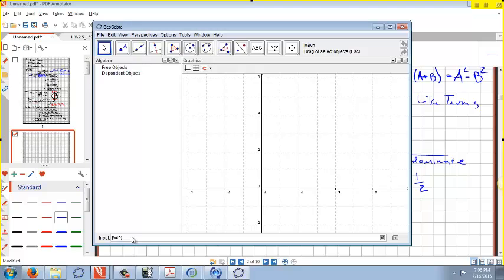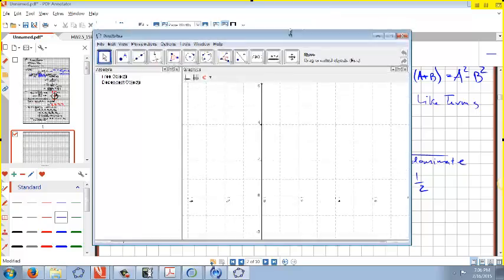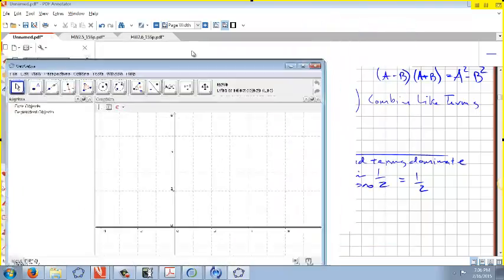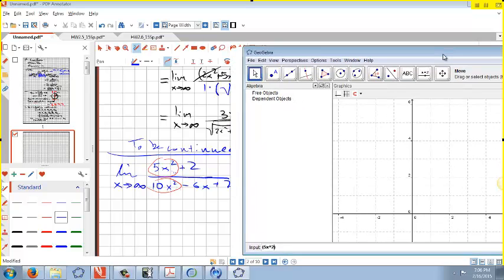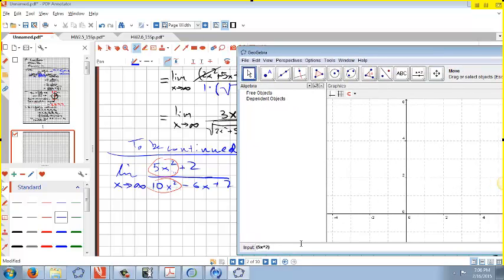So if I have 5x squared plus 2 over 10x squared minus 6x plus 7, that's what the function looks like.